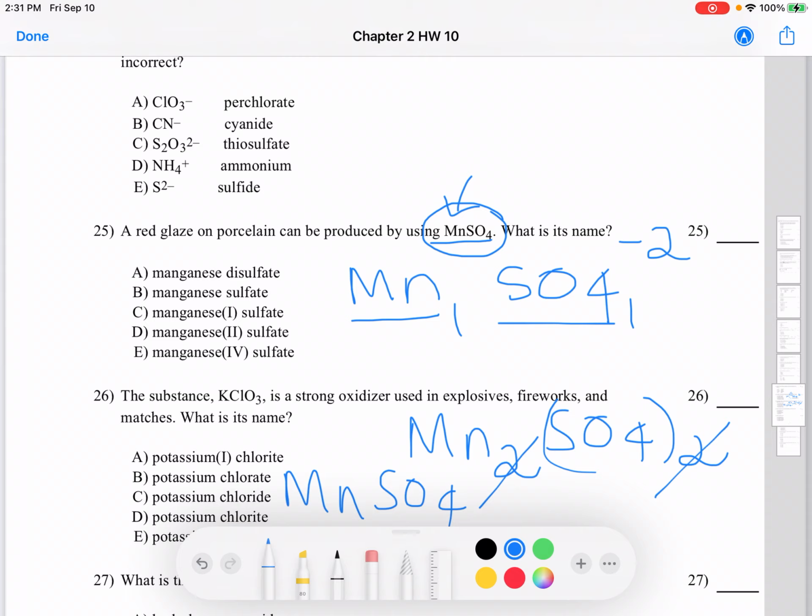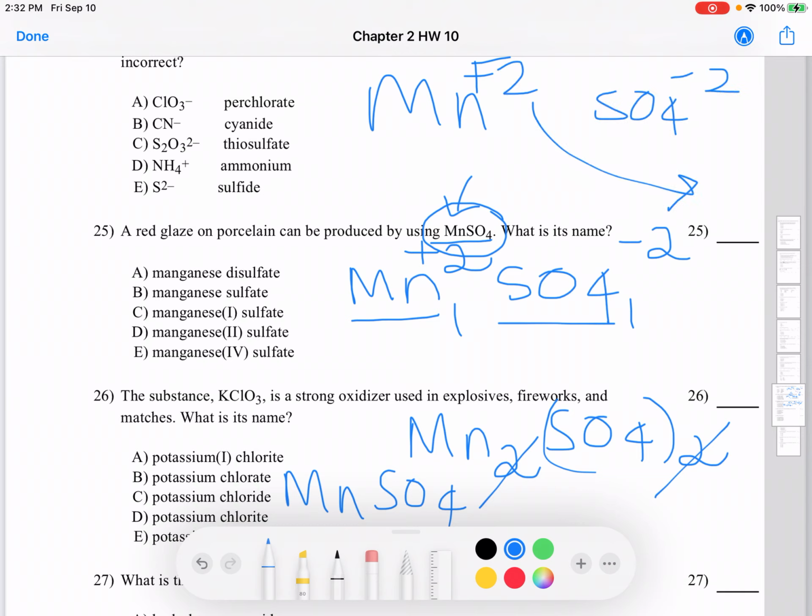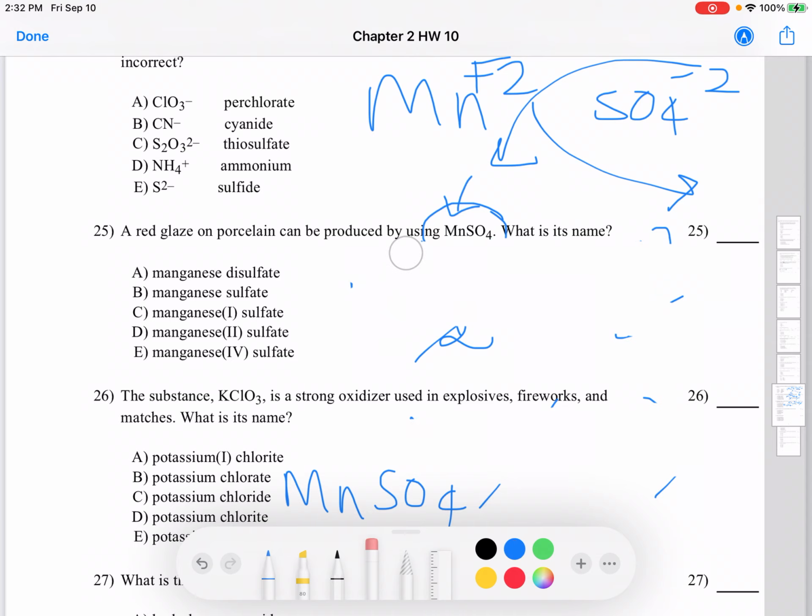So then the manganese also has to be charge +2. That is how you can balance the charges, 1:1 ratio. 2 and 2 get cancelled. So manganese is +2 and sulfate -2. So 2 goes there, 2 goes there. That will make it Mn2SO4 2 and they get cancelled. So your formula is therefore MnSO4.